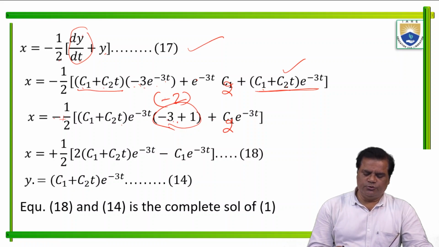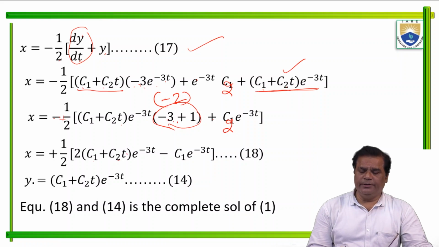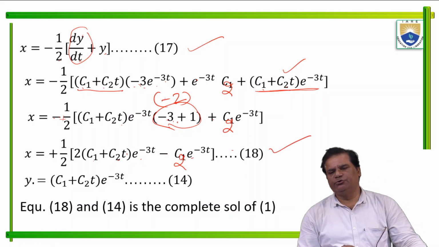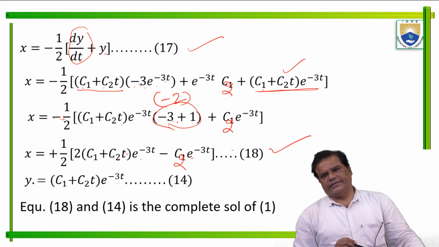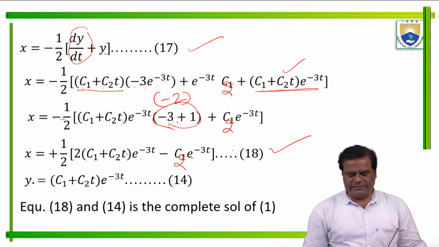So here is 2 (c1 plus c2t) e to the power minus 3t minus c2 e to the power minus 3t. This is equation 18. Equation 18 is the complete solution of x. We have found the value of x.